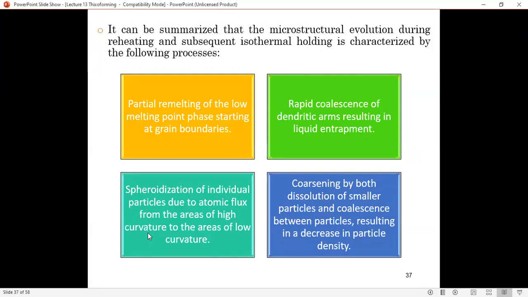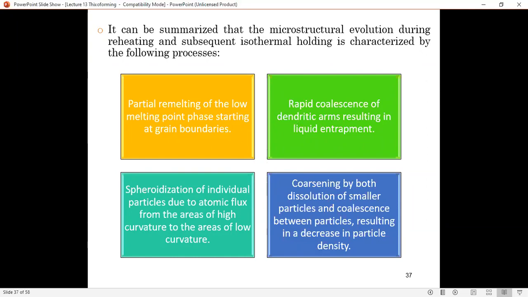And because of that, then you have spheroidization of individual particles due to atomic flux from the area of high curvature to the area of low curvature. Basically, once these dendritic arms, each arm, because it's broken down during the process, becomes small.